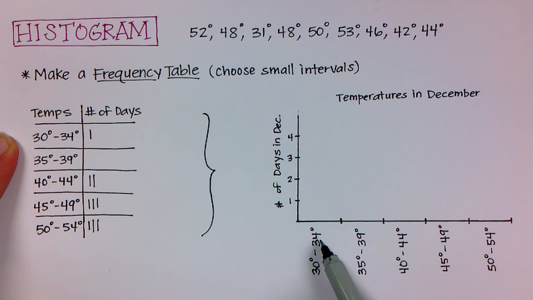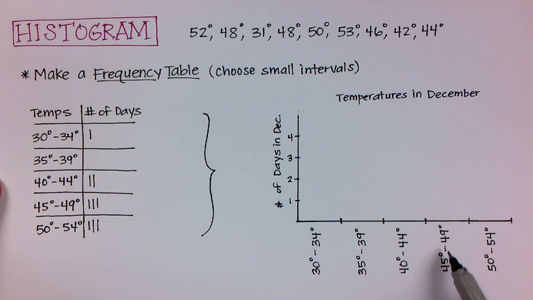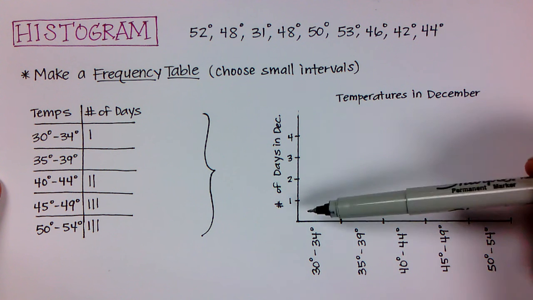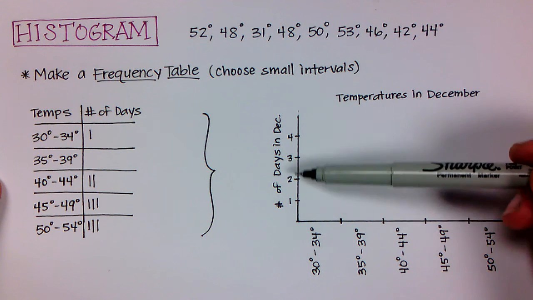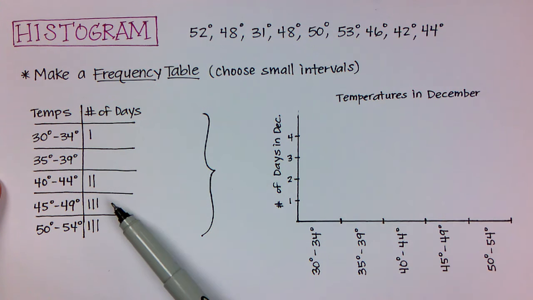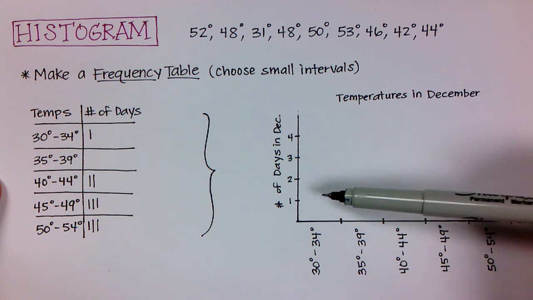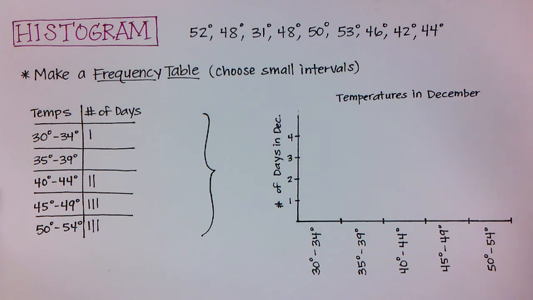So from 30 to 34 degrees, 35 to 39 degrees, 40 to 44 degrees, 45 to 49 degrees, and 50 to 54 degrees. And then going up, I labeled the number of days in December, which was my second column of my frequency table. So 1, 2, 3, 4, and I don't need to label any further than that because my data doesn't go any further. So I have a title, and I have done all my labeling.